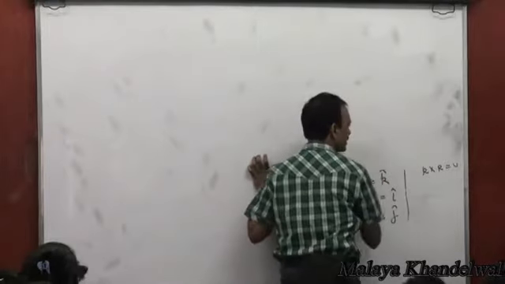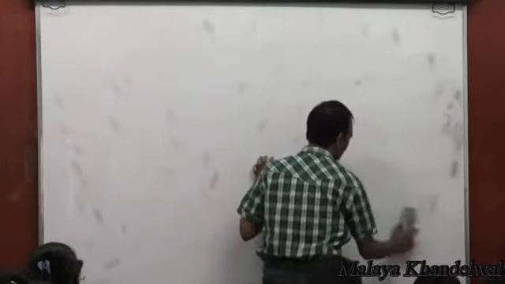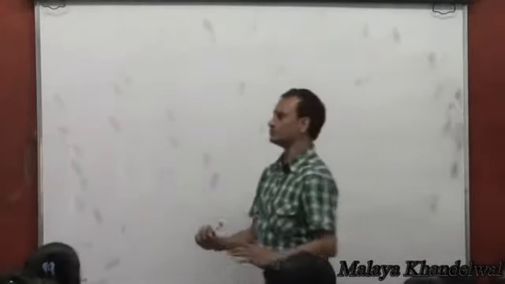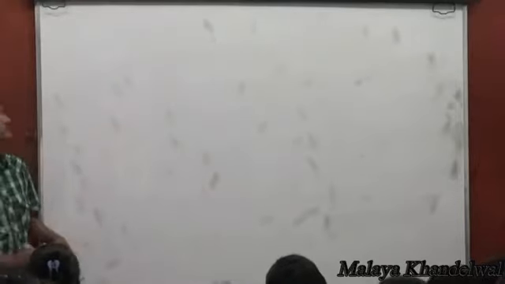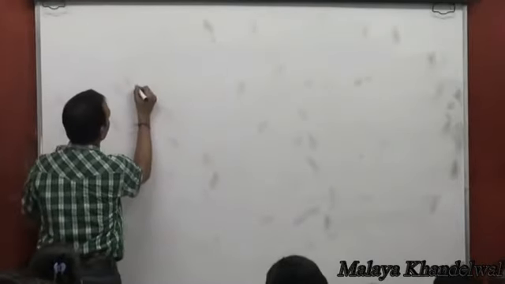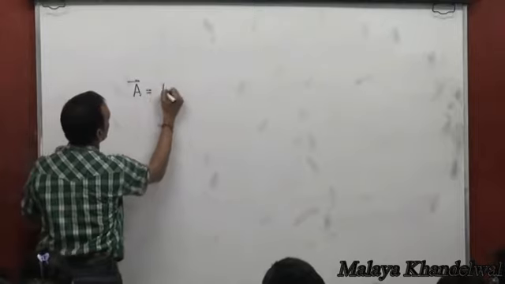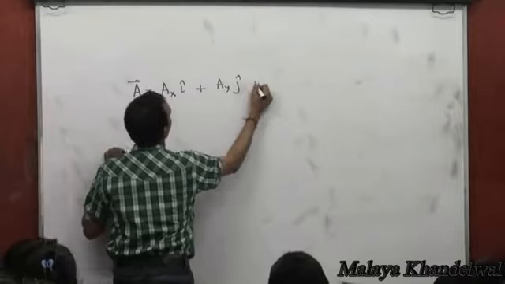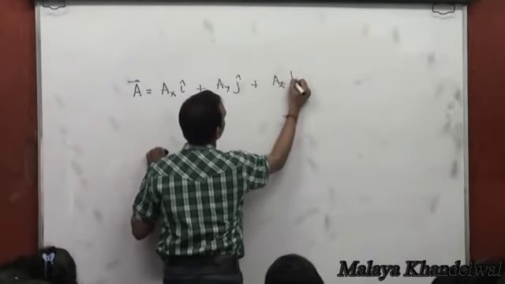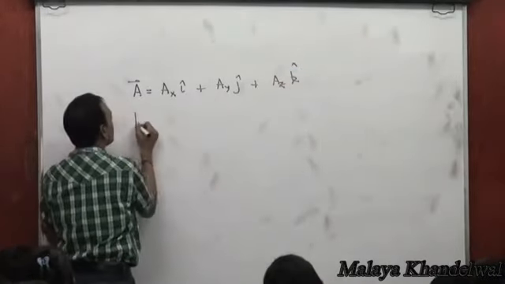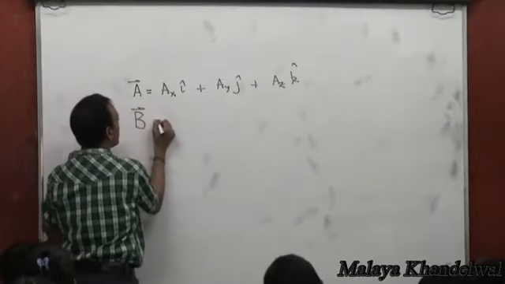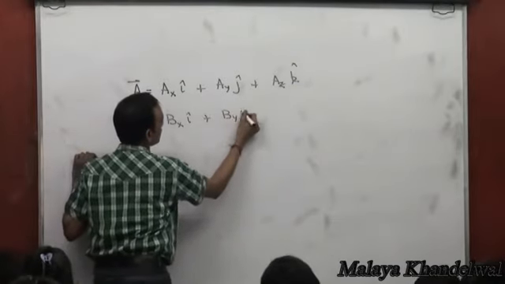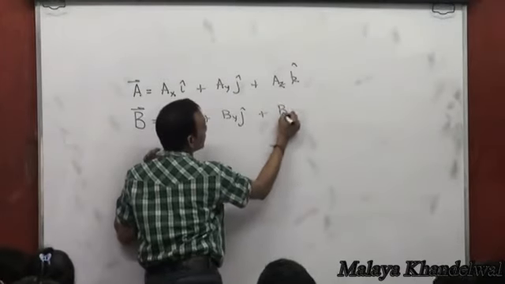Let me give you just one result without getting into an algebraic mess and without giving you an algebraic proof for the same. Let me just give you one result which you might want to remember in a compact manner. If I have a vector A as ax i cap plus ay j cap plus az k cap, and there was another vector B which was like bx i cap plus by j cap plus bz k cap.